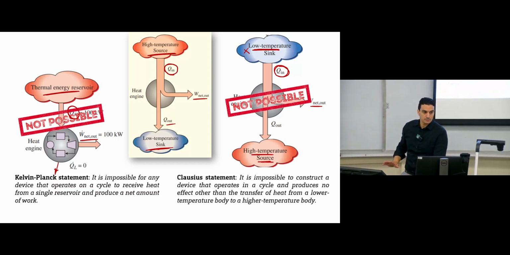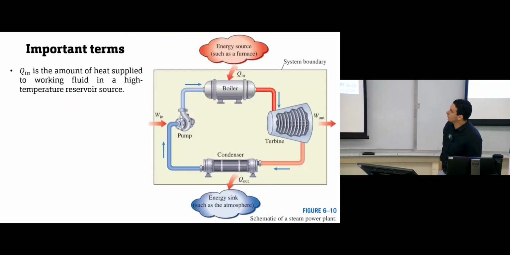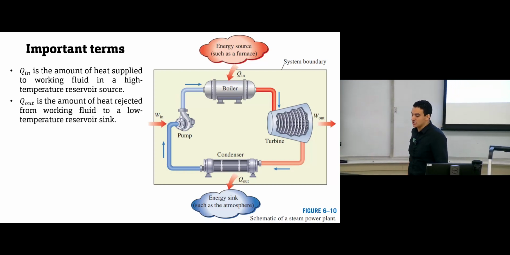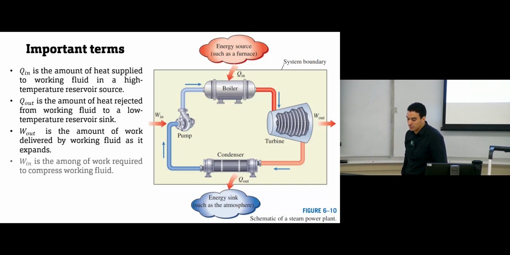Clear? Okay. So some important terms. This slide gives you a description of everything we have. Qin, the amount of heat supplied to the working fluid in the high temperature source. Qout, the amount of heat rejected from the working fluid to the sink. Work out, the amount of work delivered by the working fluid as it expands, the amount of work obtained from the turbine.